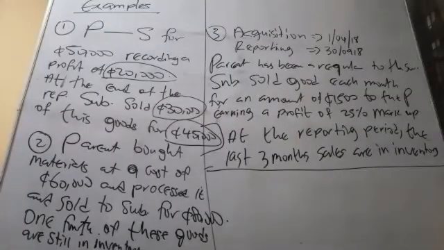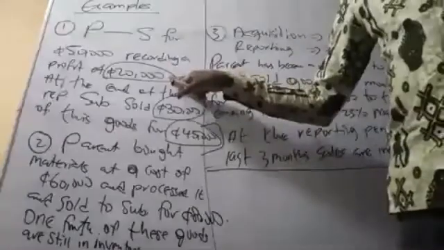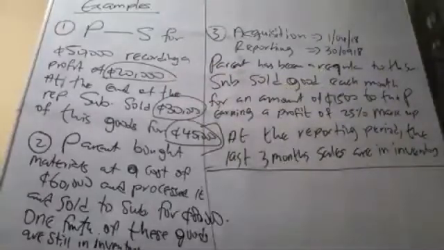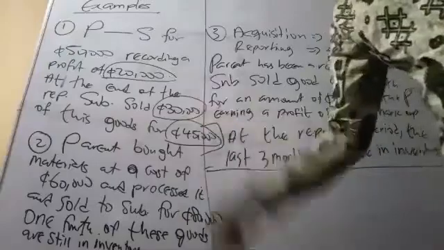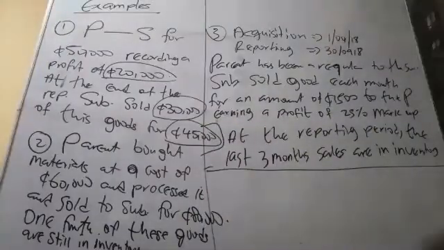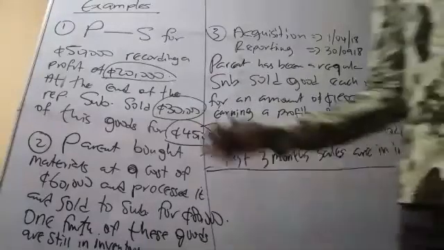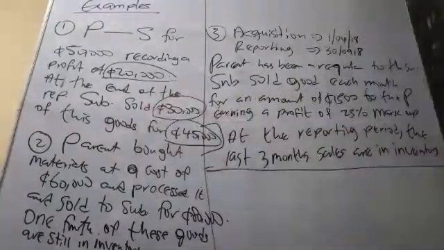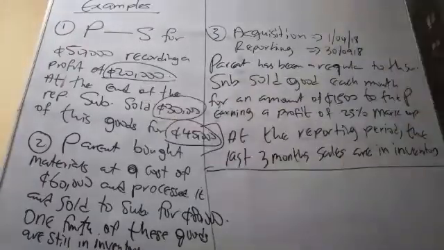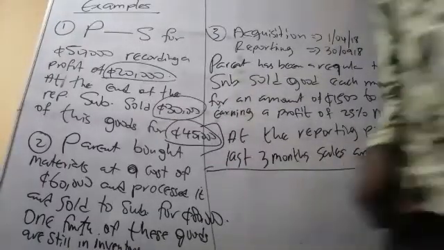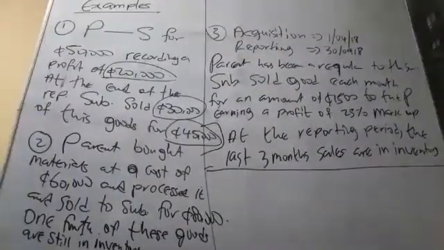Even if someone tells you 30,000 of these goods at a cost to the subsidiary, don't let that confuse you.